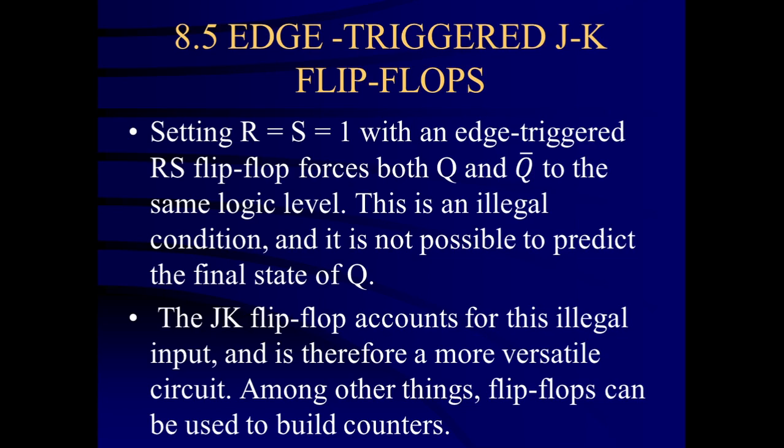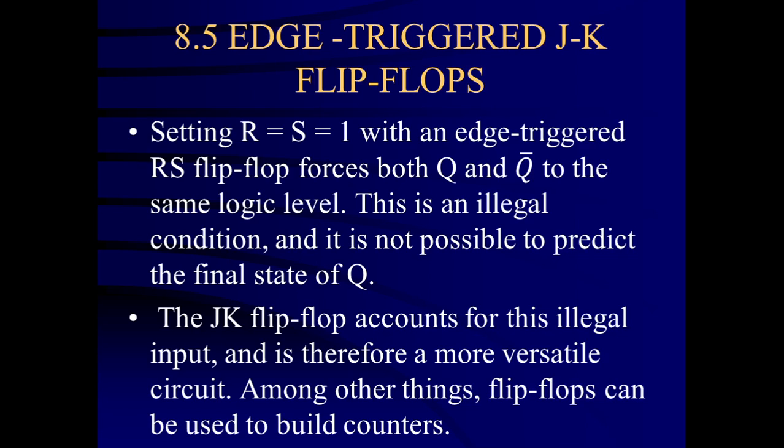Setting R is equal to S is equal to 1 with edge triggered RS flip flop forces both Q and Q bar to be the same logic level. This is an illegal condition and it is not possible to predict the final state of the Q. The JK flip flop accounts for this illegal input and is therefore a more versatile circuit.